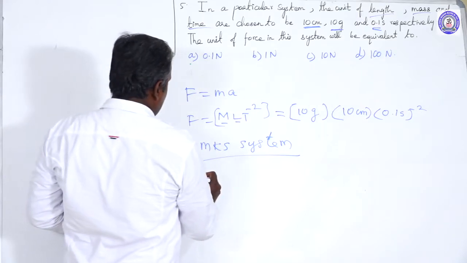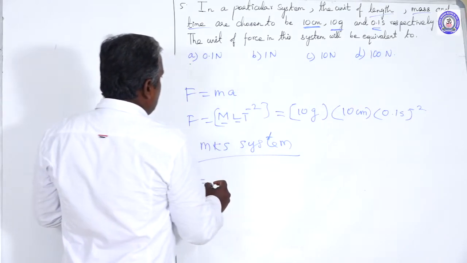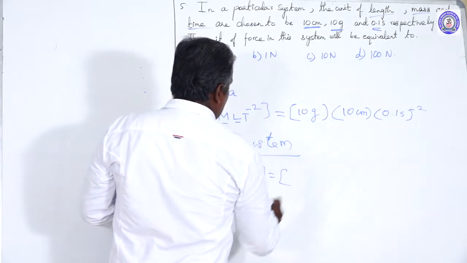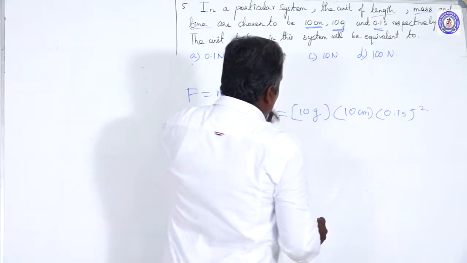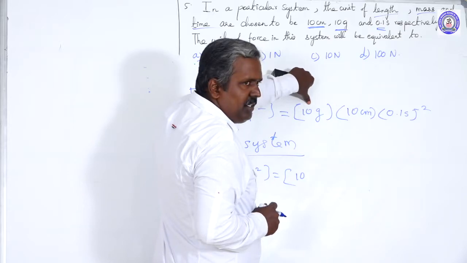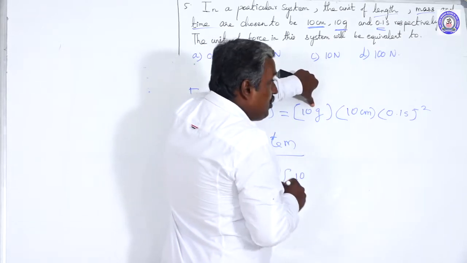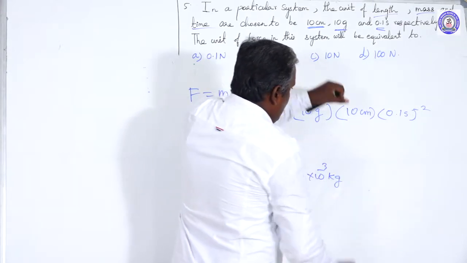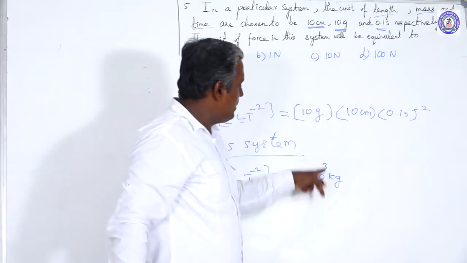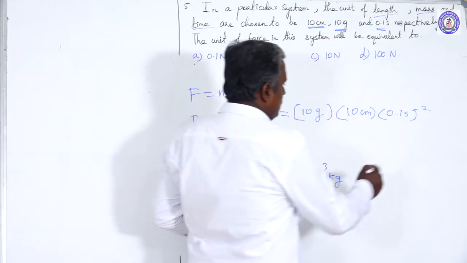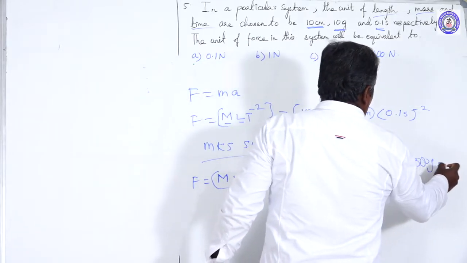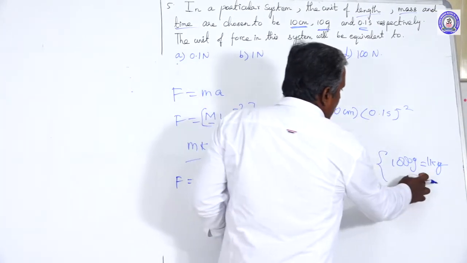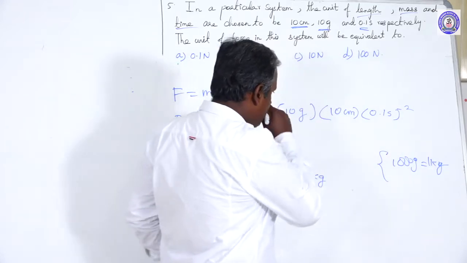So F is equal to M L T power minus 2. In the MKS system, 10 gram means, tell me, 10 into 1 gram, and 1 gram is equal to 10 power minus 3 kilogram, correct? Because 1000 gram is equal to 1 kilogram, so 1 gram is equal to 1 by 1000 or 10 power minus 3 kilogram.